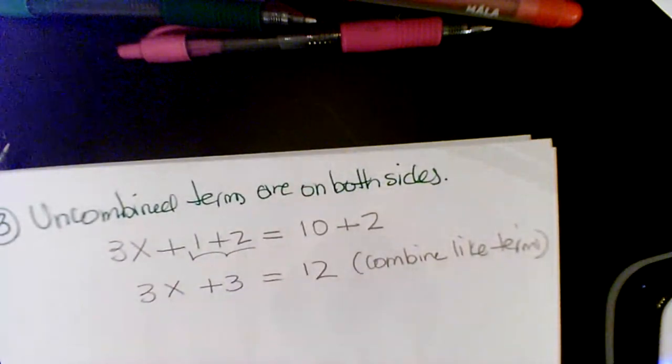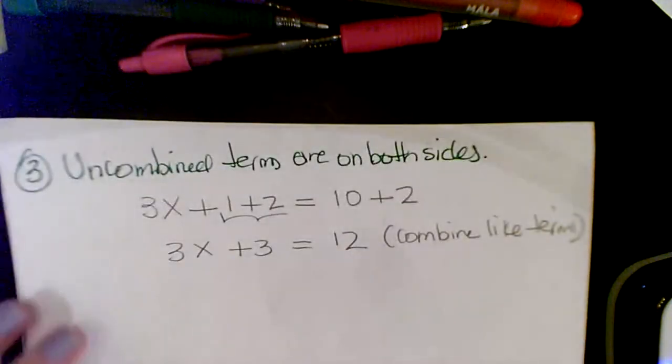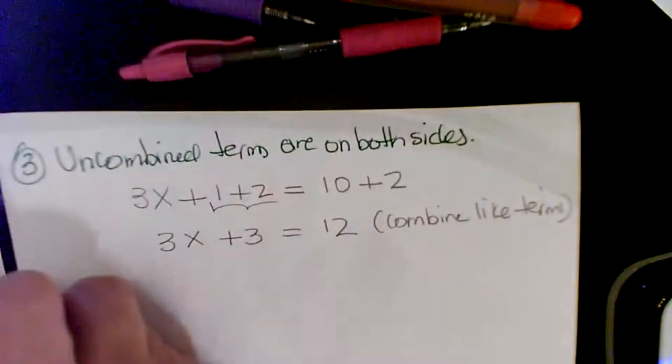So after these steps are performed, all of the linear equations in one variable are reduced to the form ax plus b equals c. And let me write that down.